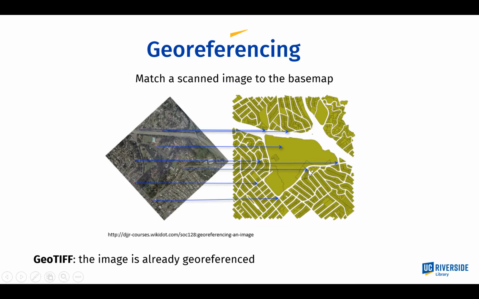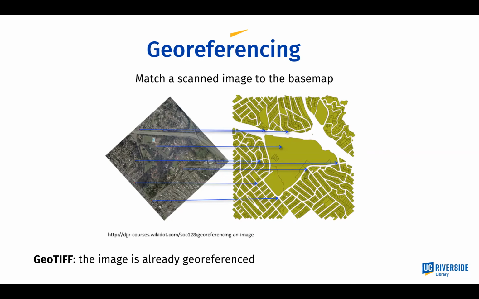Road intersections are great, for instance, and you find them both on your base map, whether that's a map or an image, and you find the same thing on the image that you're loading in. You find several of these sets of points, and then push a button and it'll bring in the scanned image to coincide as pretty closely with the base map that you're using. So that's a process that you may have to do.